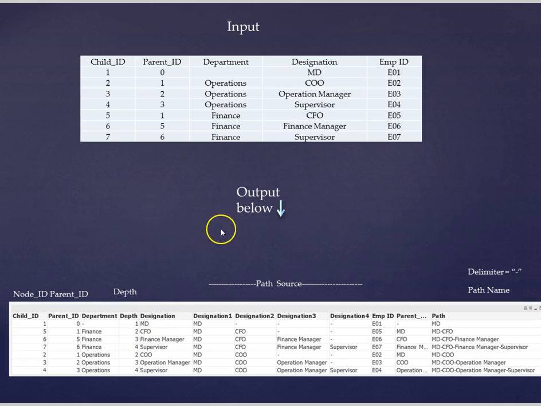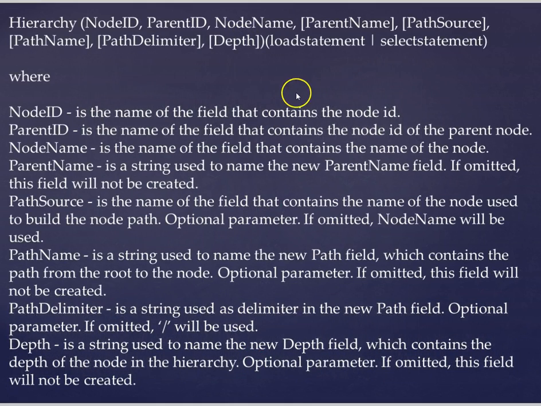Designation is simply coming right from here, from this input, so no problem. Designation 1, 2, 3 and 4 is what QlikView derives through internal processing based on the information that you give. Node name is the name of the field that contains the name of the node, and then path source is the name of the field that contains the name of the node used to build the node path.